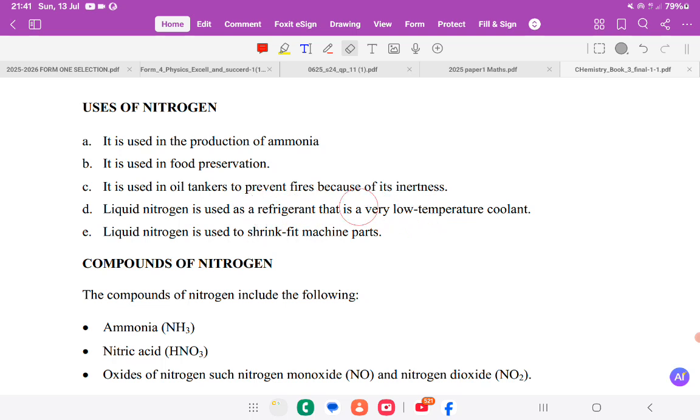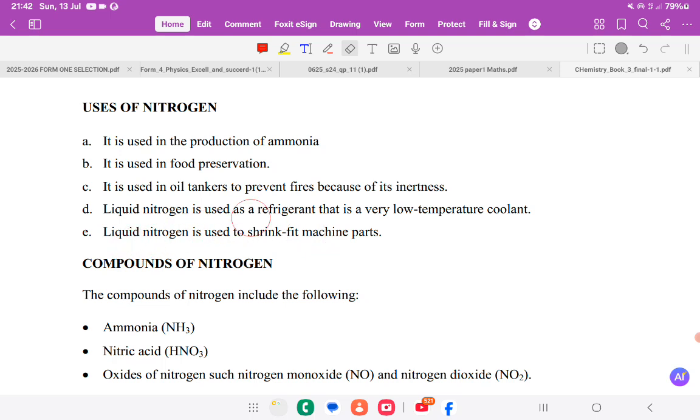Some refrigeration or cooling systems use nitrogen gas. If you have been in the food section in shops like ShopRite, when you are walking around the food section, especially fresh food, you find that it's very cold there. That coldness is made possible because of the liquid nitrogen, which is used for cooling.